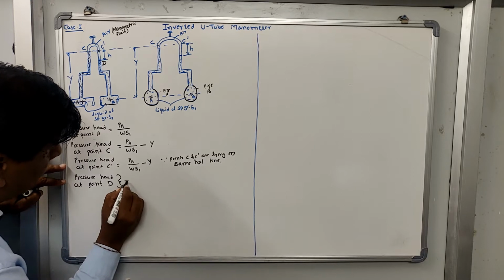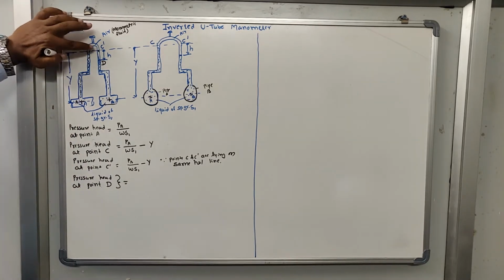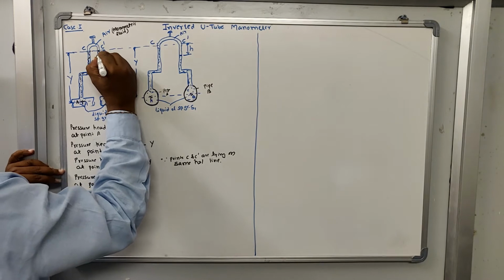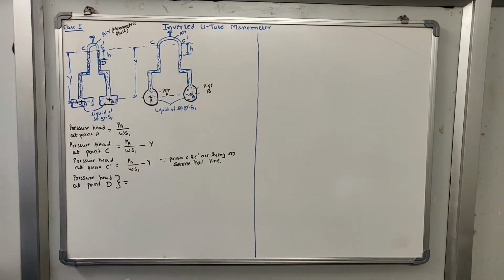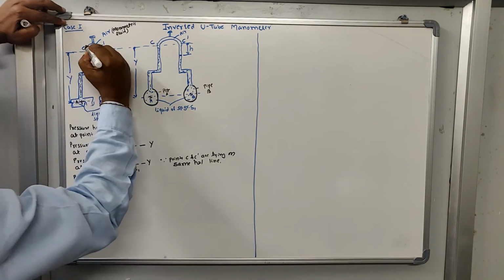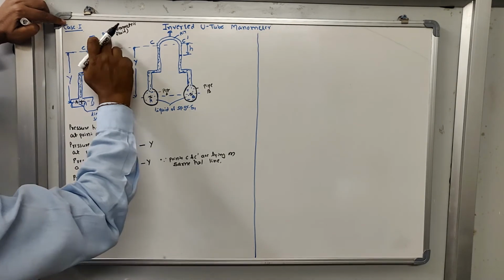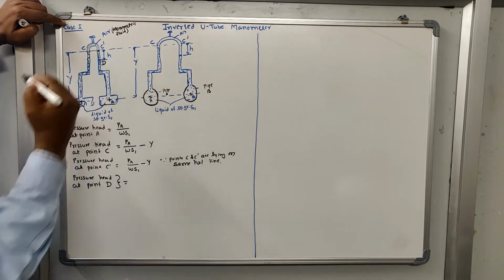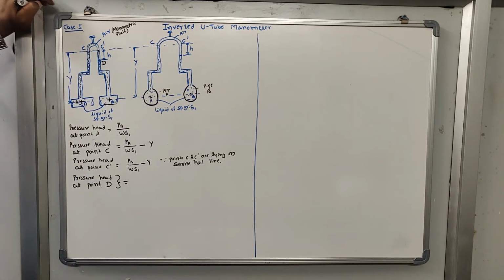This is equal to, okay, pressure head at point C dash is PA by WS1 minus Y, and between the point C dash and D there is a compressed air, because the manometric fluid we have considered is air. This column is a compressed air column, hence the specific gravity of the air is very, very small, it is negligible.